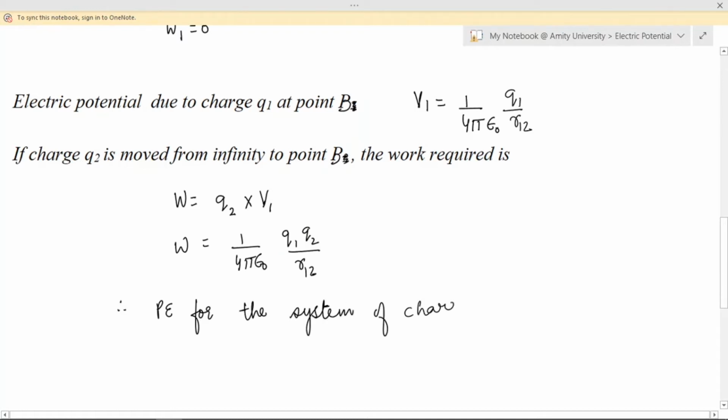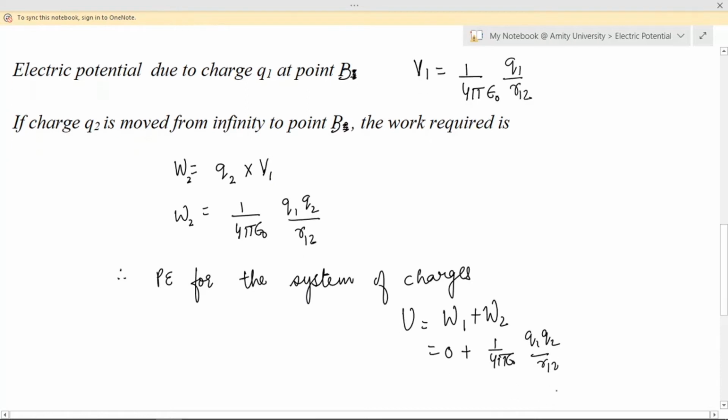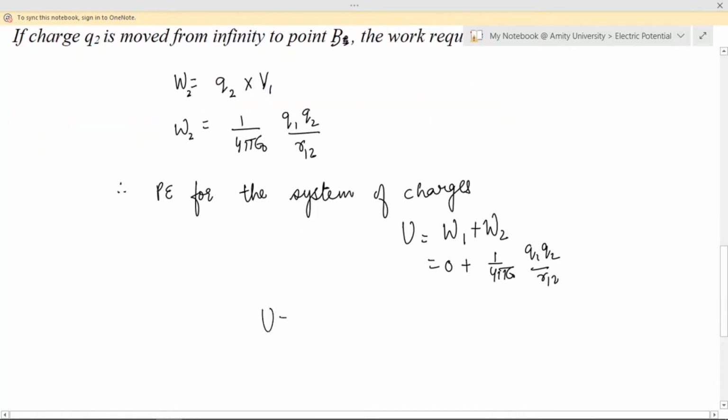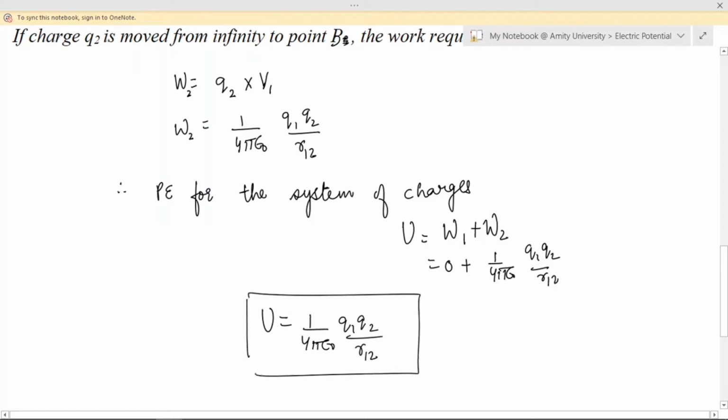Representing it by U, and marking this work done as W2, it will be W1 plus W2, where W1 is 0 and W2 is 1 by 4 pi epsilon naught Q1 Q2 over R12. So in general, we get the expression for potential energy of a system of two charges as 1 by 4 pi epsilon naught Q1 Q2 upon R12.